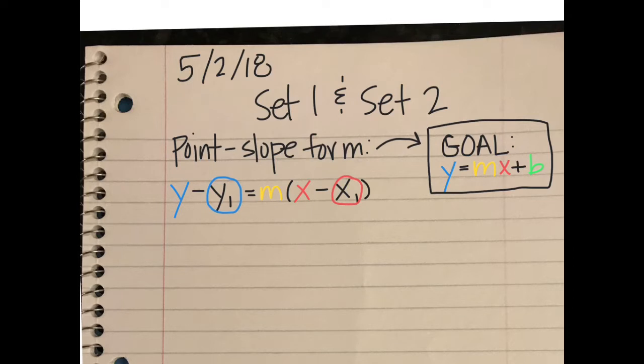This is called point slope form because the two things you need to make it work are an xy coordinate pair, or a point, and you need a slope. So therefore they call it point slope form. Your x up here will become that circled x sub 1. Your y up here will become that circled y sub 1. We do a little math work and eventually we end up over here.